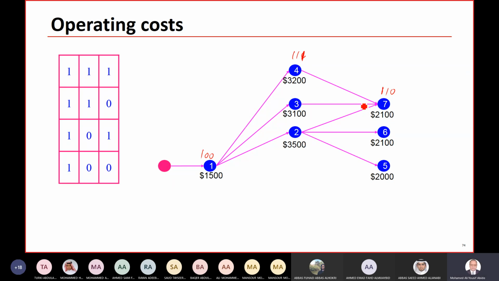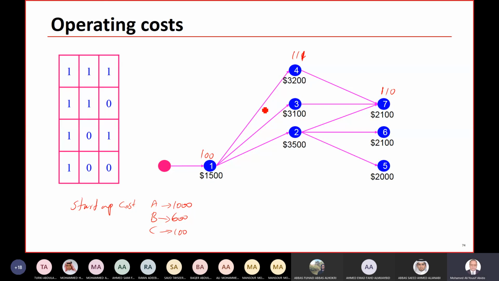Let us take this path and see the startup cost involved in it. For this path, what did you do here? You switch on. Here, let us write the startup cost just to remind you. For A it is 1,000. For B it is $600. For C it is 100.